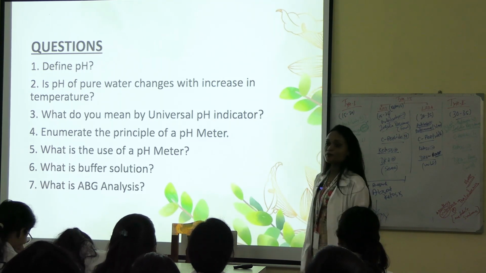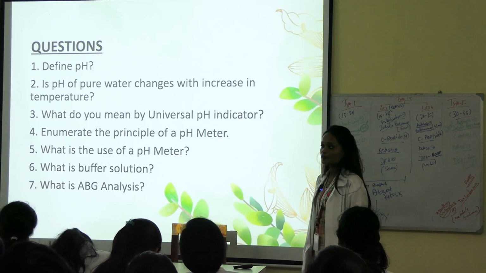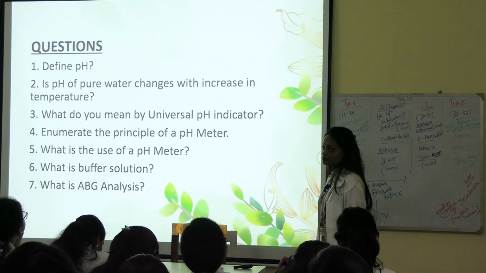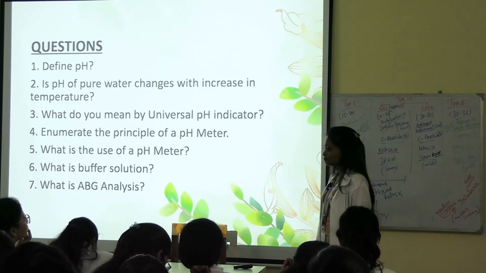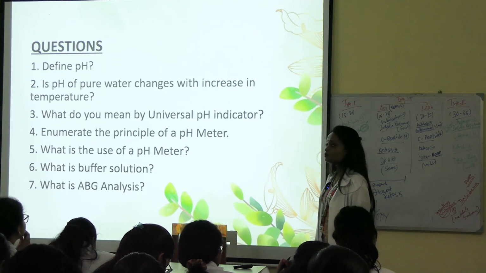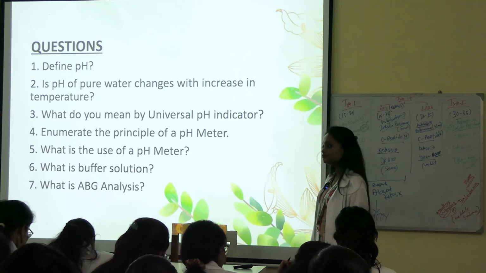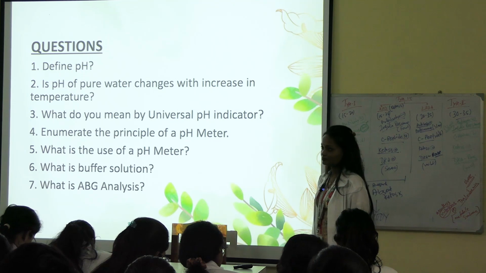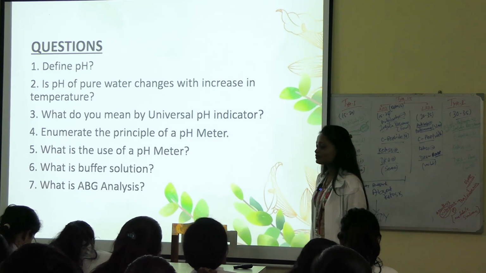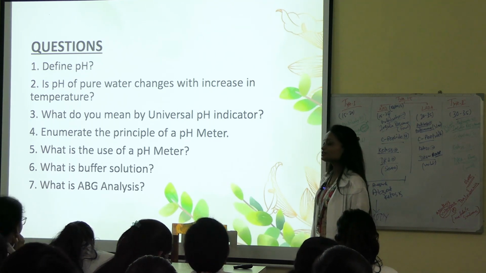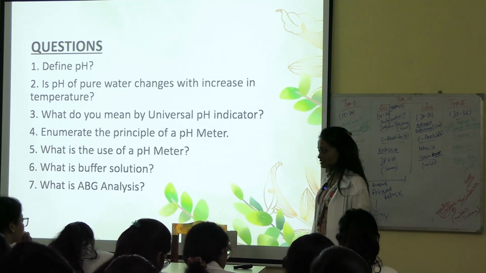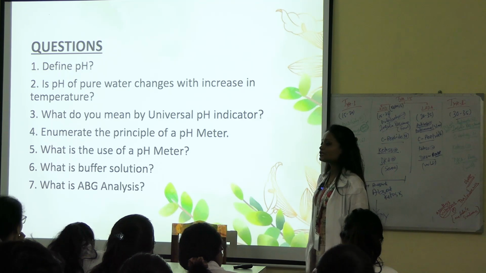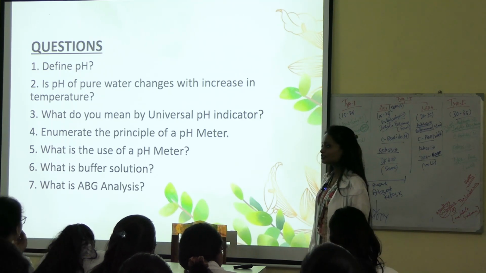So what is the principle of pH indicator? Potentiometry. And use of pH meter? To measure pH of biological fluids, enzymes and biological acids. Then to measure pH of reagents, using biochemical assays, to measure the pH of buffer solution.